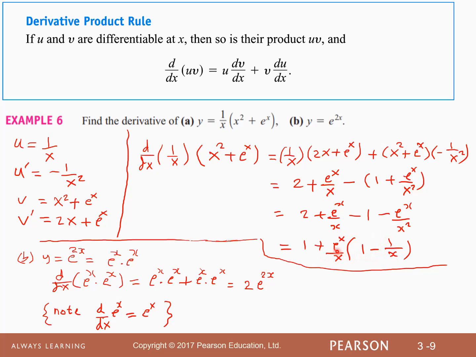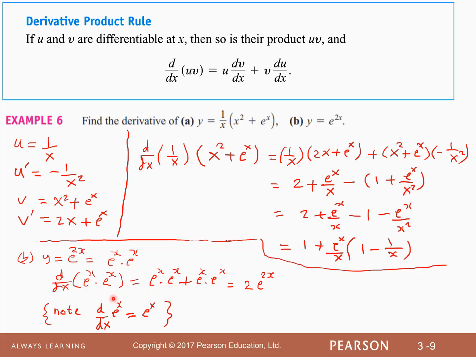Now let's take a look at part B. Part B is y equal to e to the 2x. E to the 2x is equal to e to the x multiplied by e to the x. So we'll take the first one as u and the second as v. And then we have the derivative of u times v equal to u derivative of v plus v derivative of u.